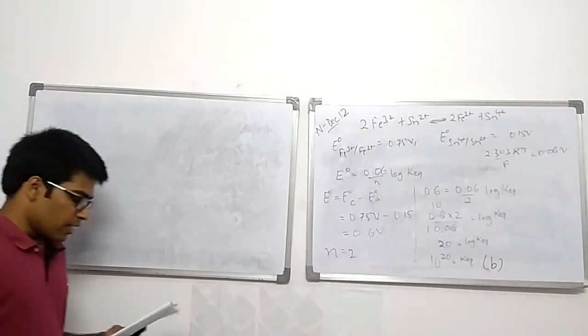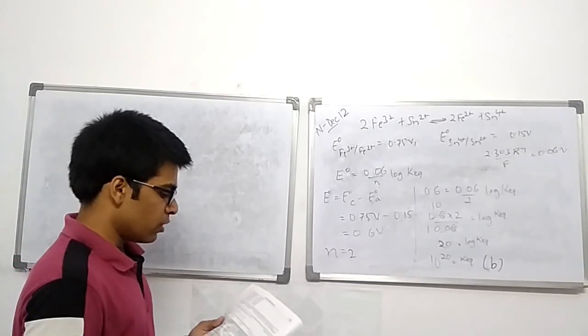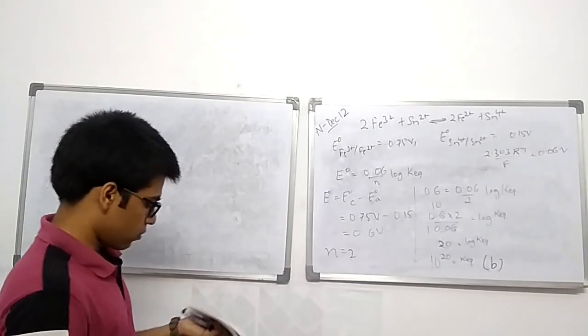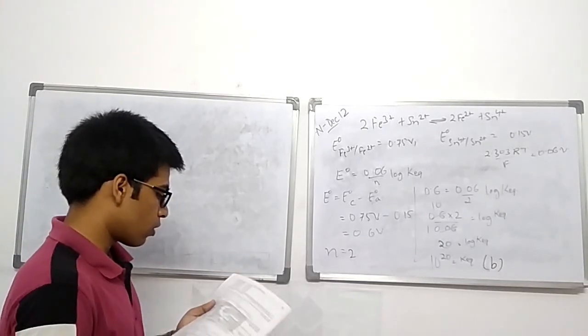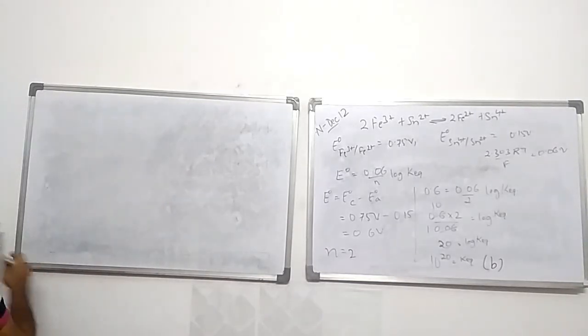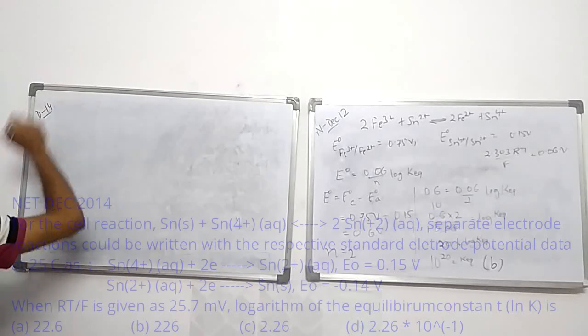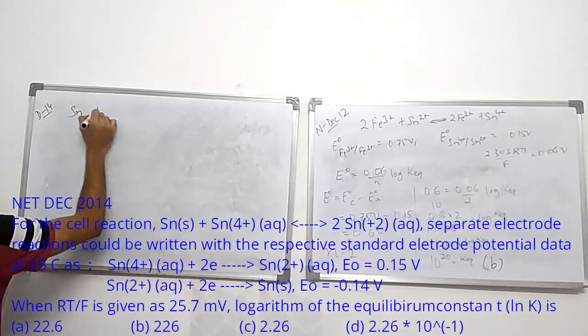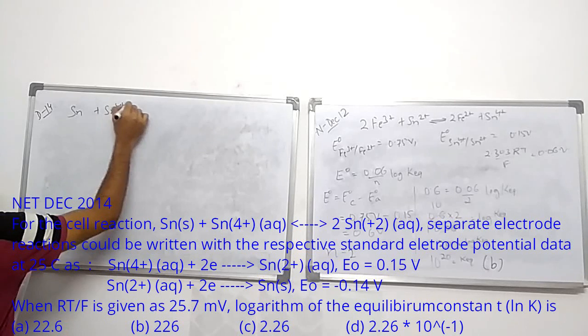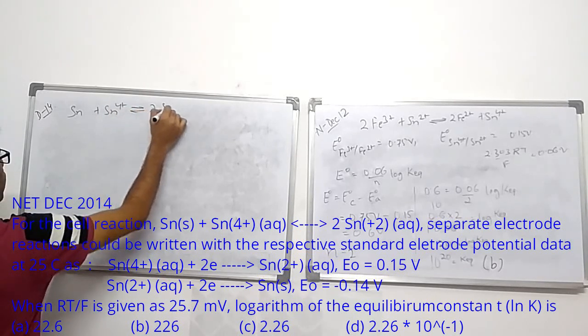So the question says that for the cell reaction Sn to Sn4+, December 14, we have Sn plus Sn4+ gives 2 Sn2+.